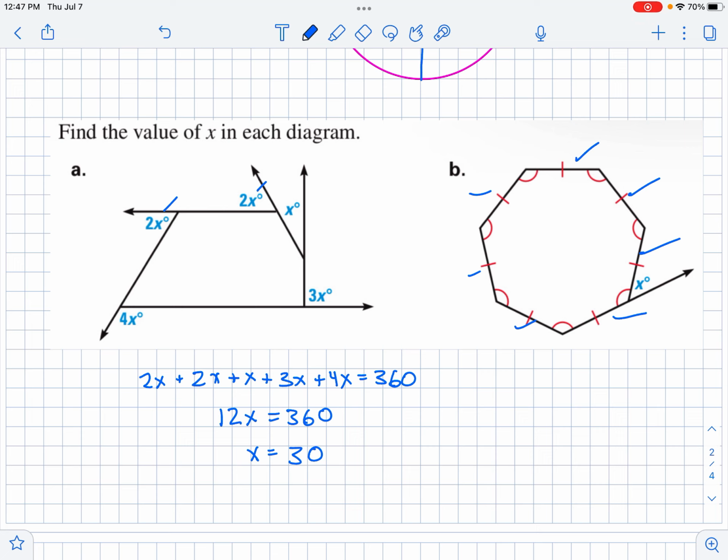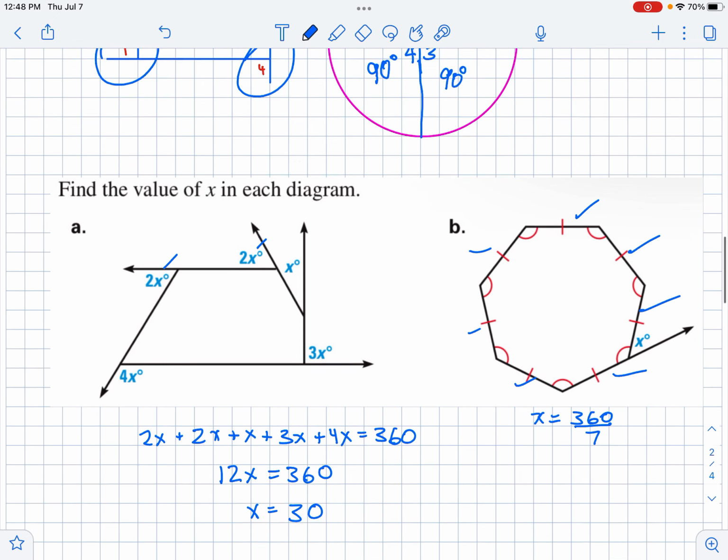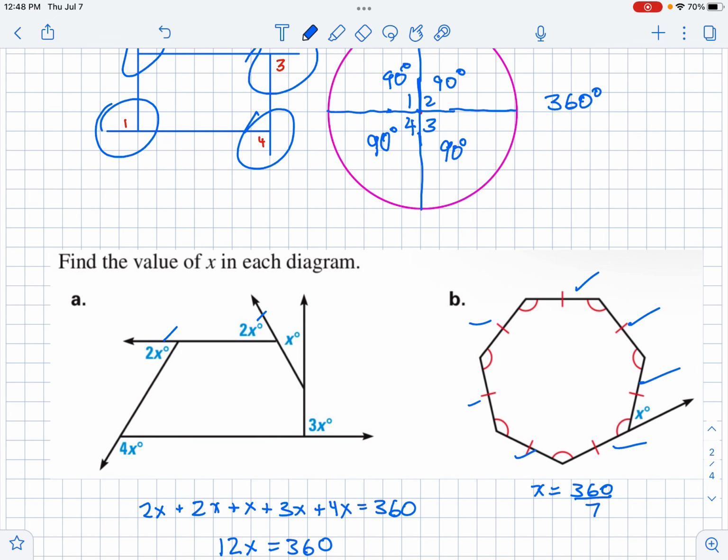So x is going to be equal to 360 divided by 7. Yeah, that's it. So those are the concepts that this whole section here is about: interior and exterior angles.